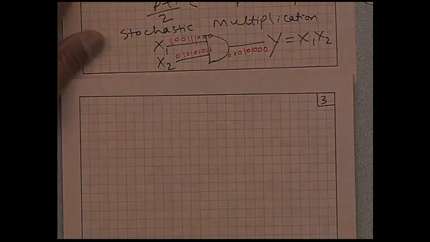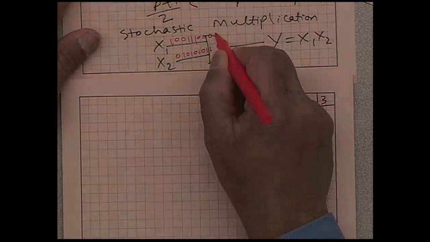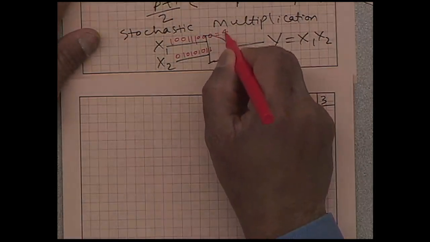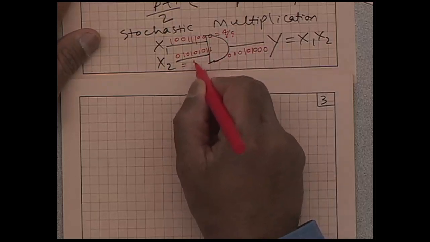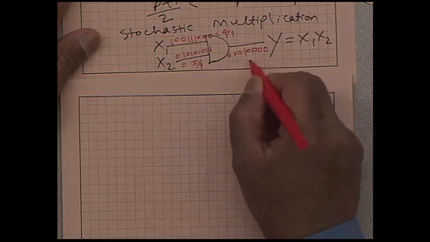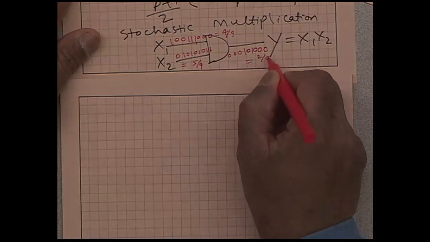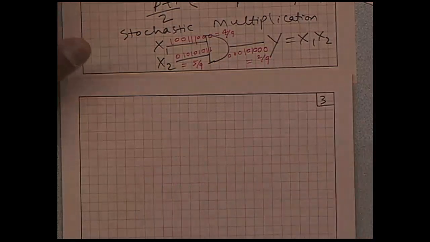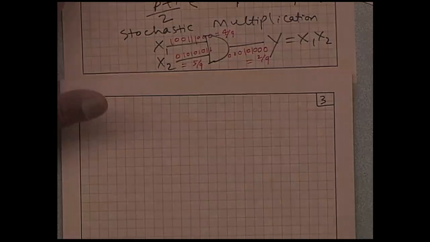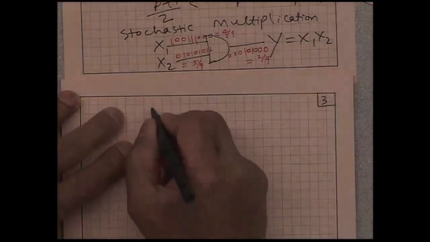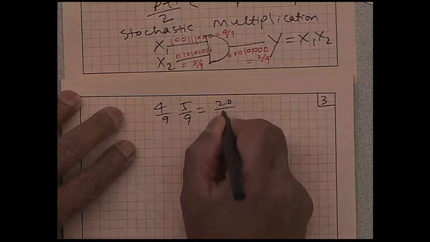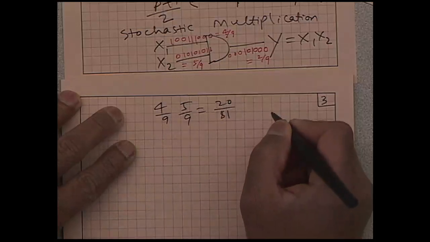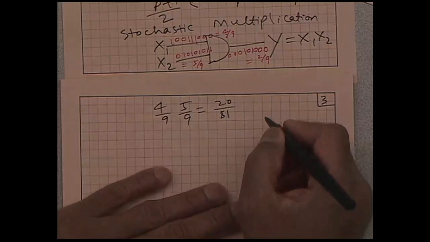So x1 was 4 by 9. x2 has 1, 2, 3, 4, 5, so it is 5 by 9. And the output is 2 by 9. What would be the real result? 4 by 9 times 5 by 9 would be 20 by 81.